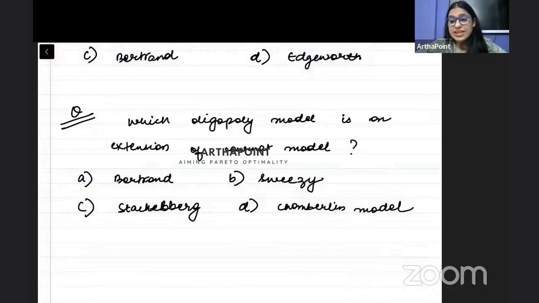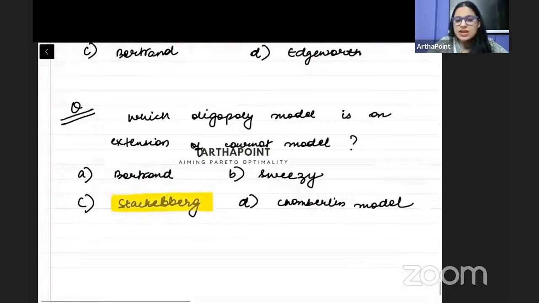Which of them is an extension of the Cournot model? Extension of the Cournot model. Okay. C. एब्सोल्युटली करेक्ट बेटा. The right answer to the question is Stackelberg model.